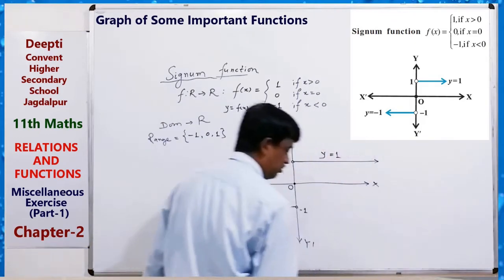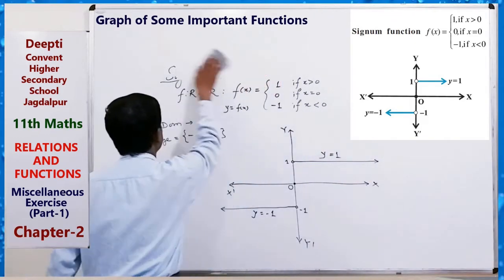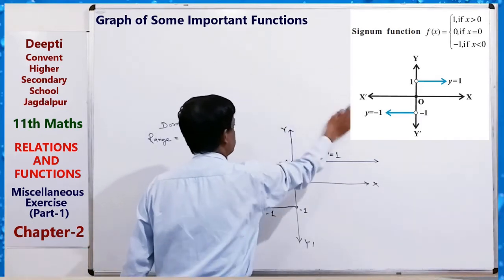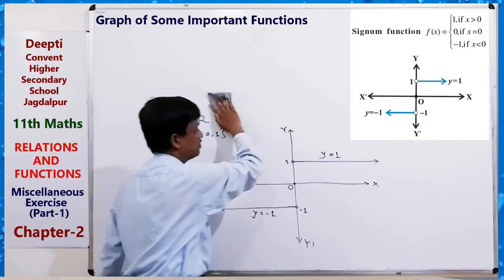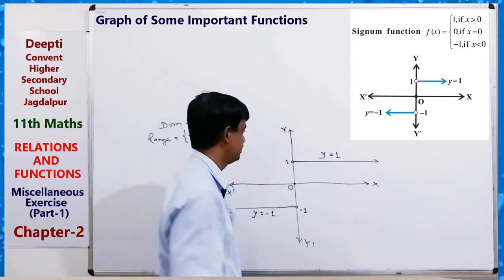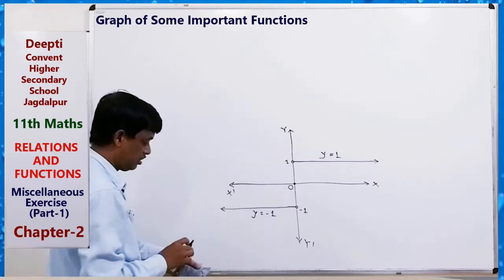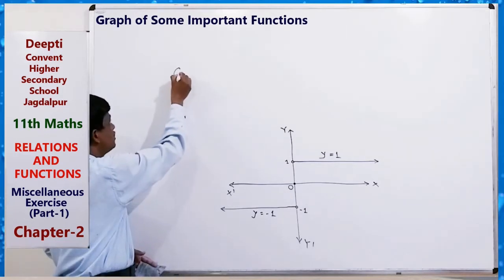Okay. Now the greatest integer function. That is an important function, useful for this class, for 12th class and also for higher classes. Greatest integer function. So note down this function, a very important function.